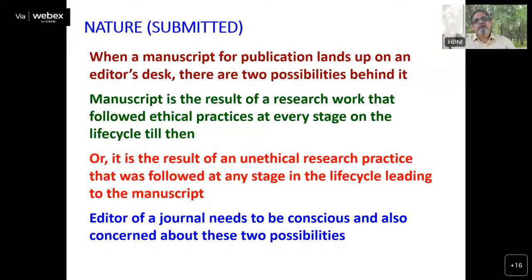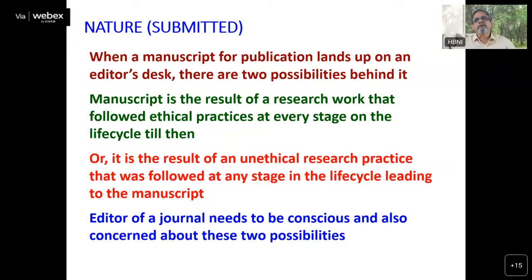Either you have followed fully ethical practices at every stage during the entire course of your research work and then written up your manuscript. That is one possibility. The other possibility is that you have followed certain unethical research practices, could be at some stage or several stages in the entire life cycle of the research leading up to the manuscript stage. These are the two possibilities which lie behind that manuscript which will land on an editor's desk.